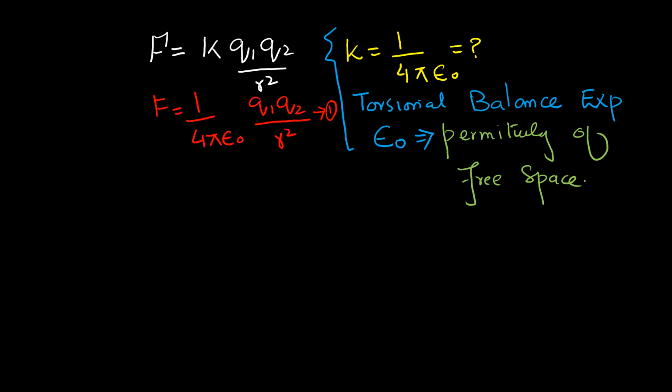So we basically know that the value of pi is equal to 3.14, whereas the value of permittivity epsilon naught, permittivity of free space, is 8.85 into 10 raised to power minus 12 Coulomb square per Newton meter square.